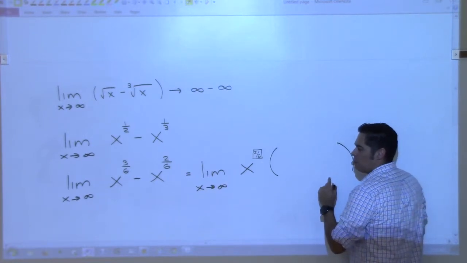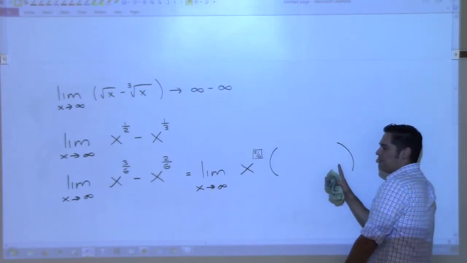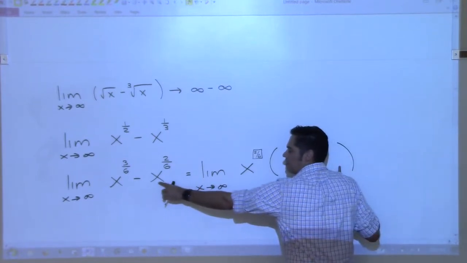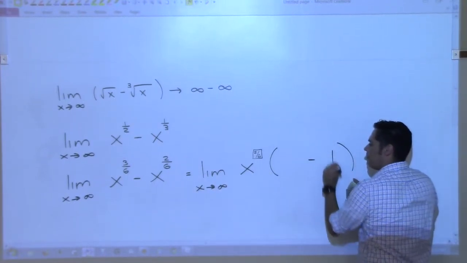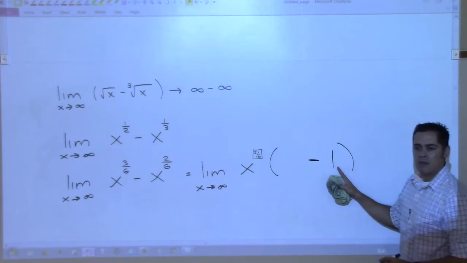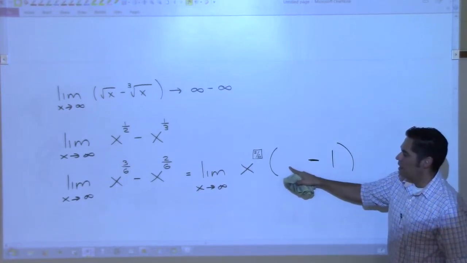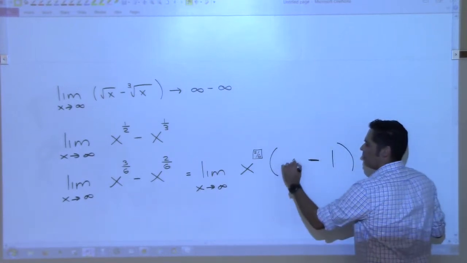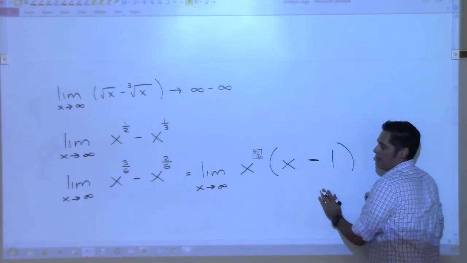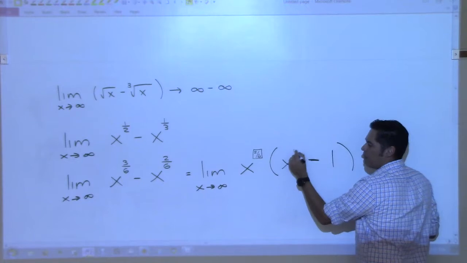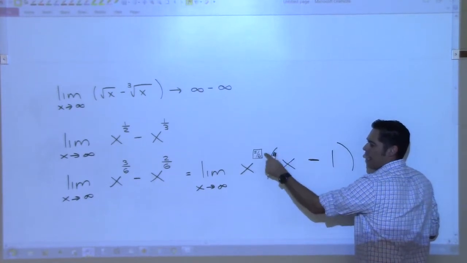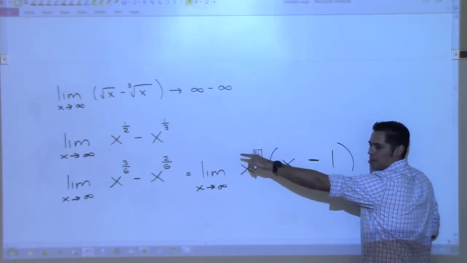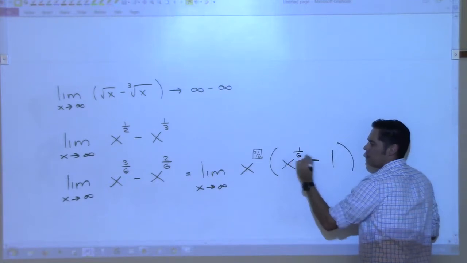Why is this good? Well, let's start with the last term. What would I have to have here to get back this? -1, right? Right, -1 there. What would I need here in order to get back this? x to what power? Remember, whatever power you put here, you're going to add this power to it, and at the end you want 3/6, 1/6.